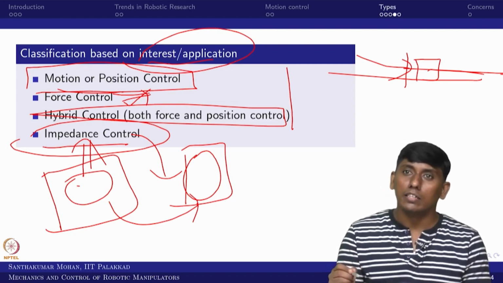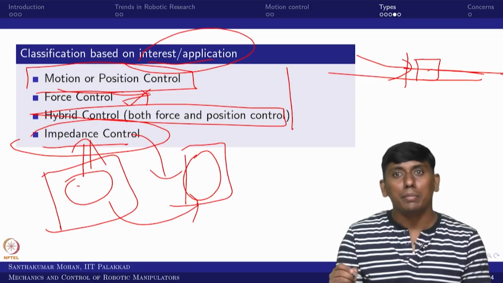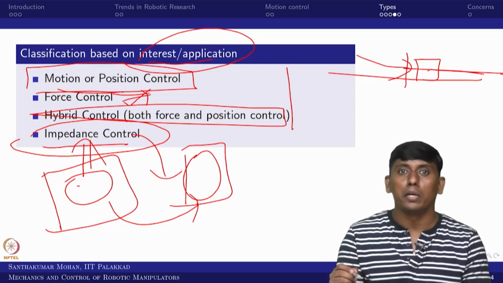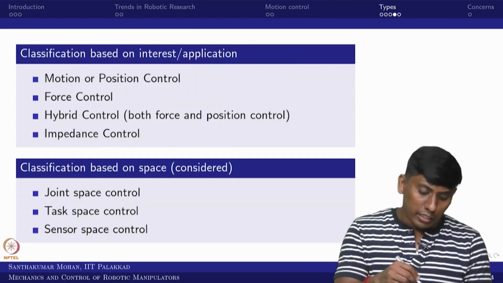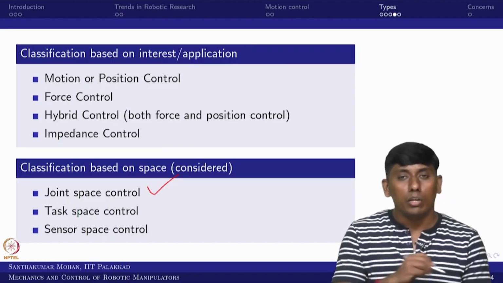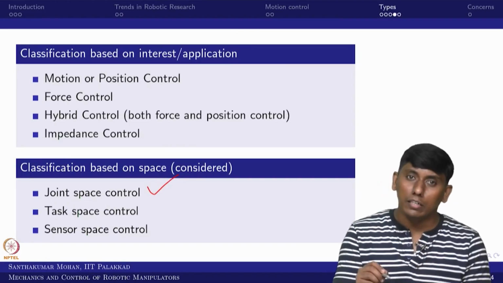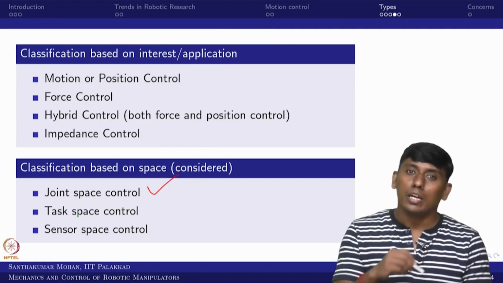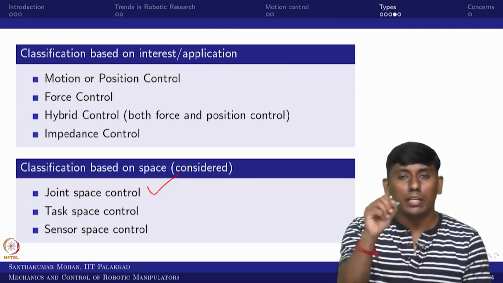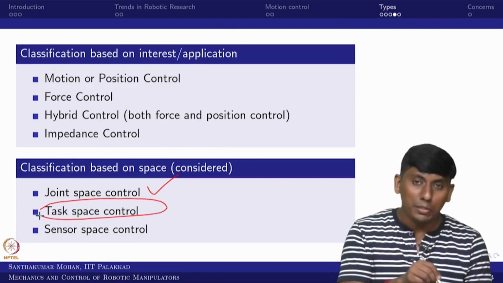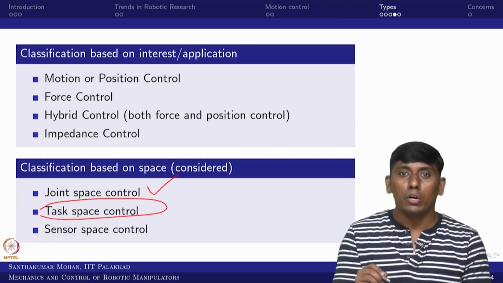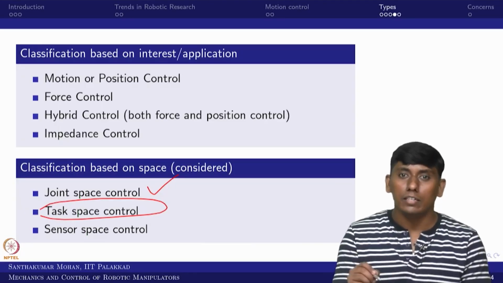Further, the control can be classified based on the space which we are using. It can be joint space, where you are doing the entire control activity in joint space, or you are trying to control the end effector space, which means task space control. Some modern controllers come in a sensory task space.